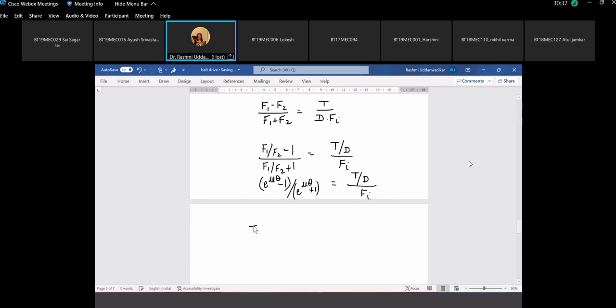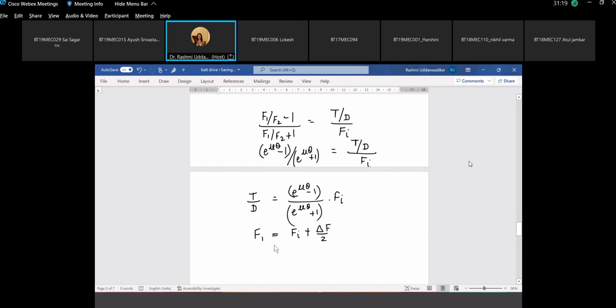Or this T by D is the same thing, rearranging, (e raised to mu theta minus 1) upon (e raised to mu theta plus 1) into the initial tension Fi. And we have also seen that the tension F1 is initial tension plus the small change in the tension because of stretching and compression.